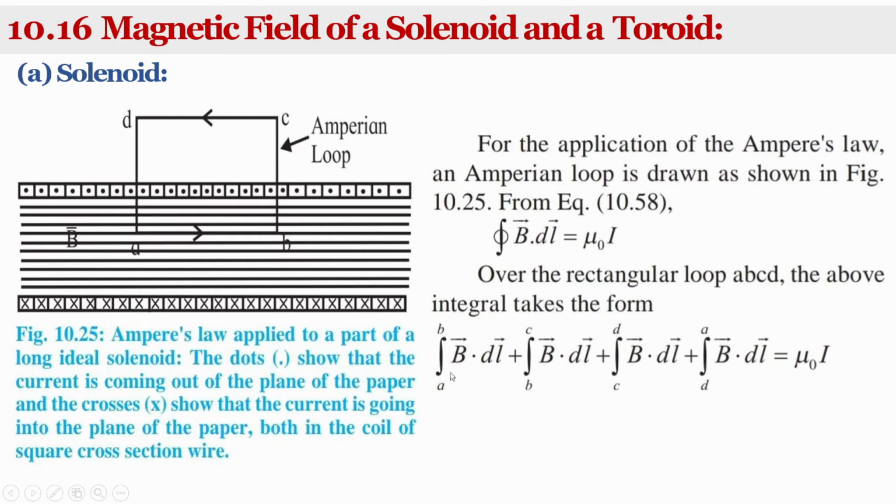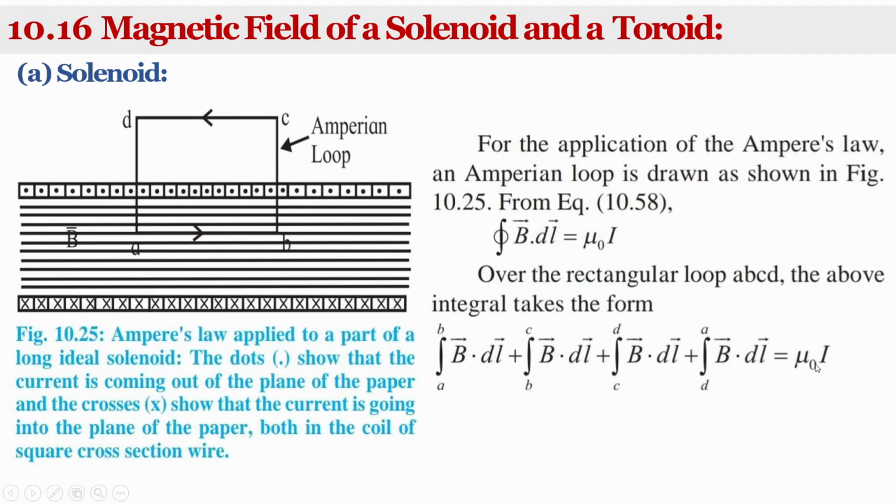It can be written as the line integral from A to B of B dot dl, plus from B to C of B dot dl, plus from C to D of B dot dl, plus from D to A of B dot dl, equal to mu naught I.